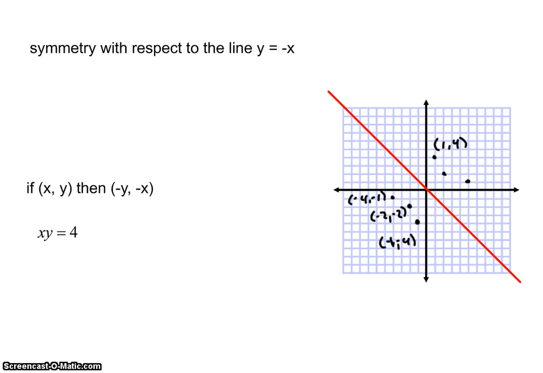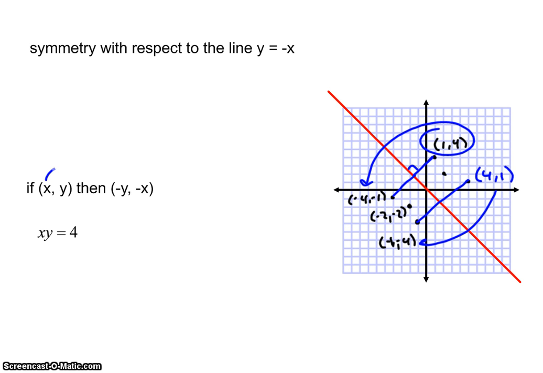Now we talk about symmetry again, and when we do that, remember we're trying to go to the line, perpendicular, and follow it through. That one got reflected to there. To the line and through. 4, 1 reflected to there. So when I look at my ordered pairs in this situation, the 1 became a -4, the 4 became a -1.